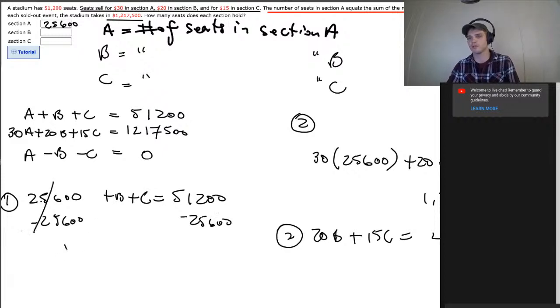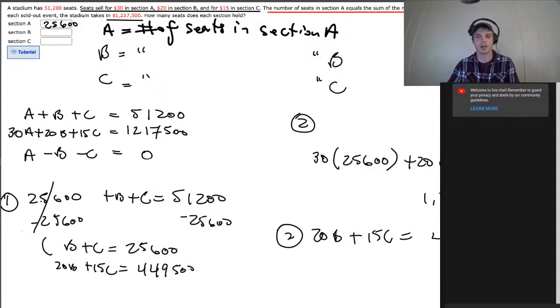So canceling from that both sides gave me c equals 25600. Okay. And then bringing the other one over is 20b plus 15c equals 449,500. So same row up. We're going to do negative 15 times this one, add the rows together. We get 5b, negative 15c plus 15c is 0.